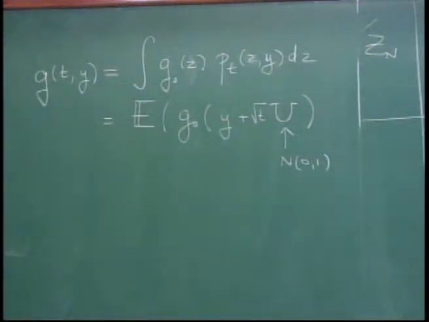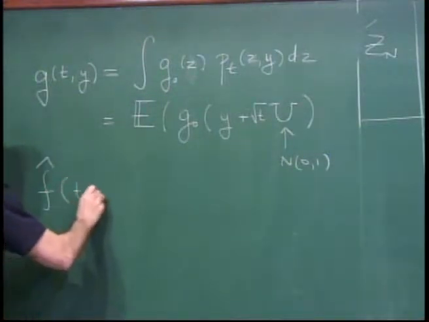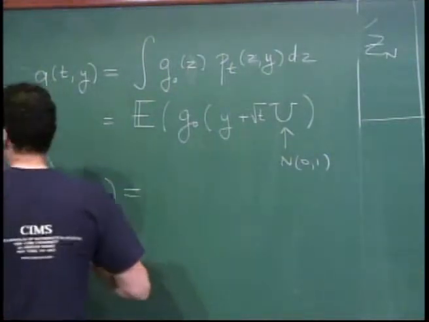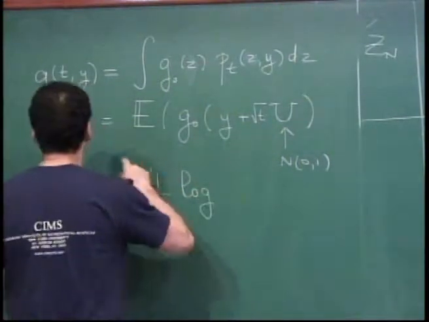Okay? All right, so we have our formula. We have the G, and we have the F. So now our F at time t and y will simply be, with my notation over there, 1 over m log of this guy.